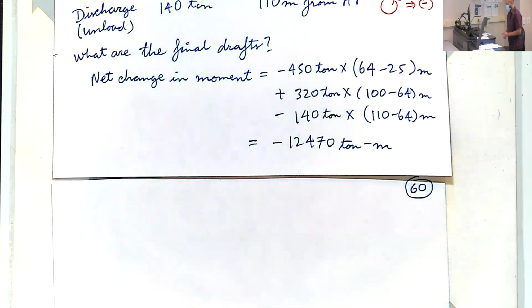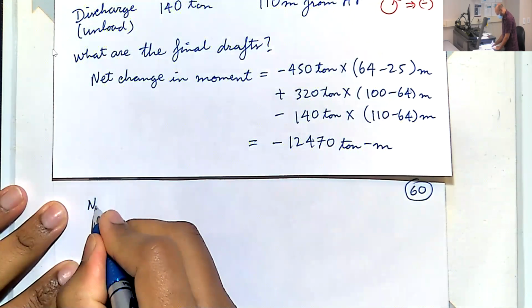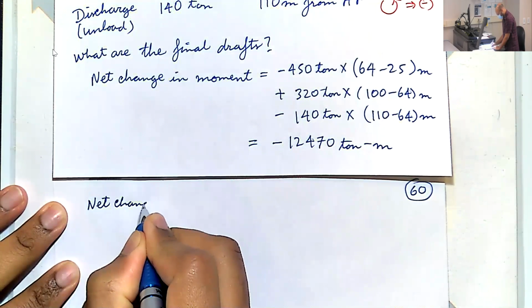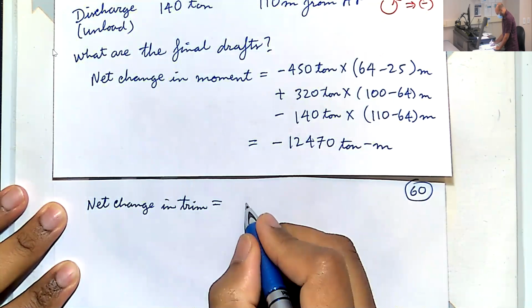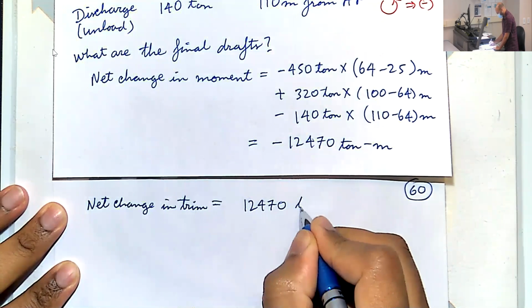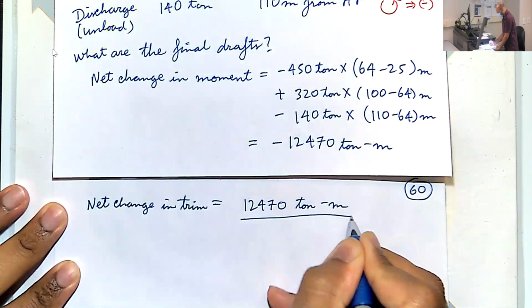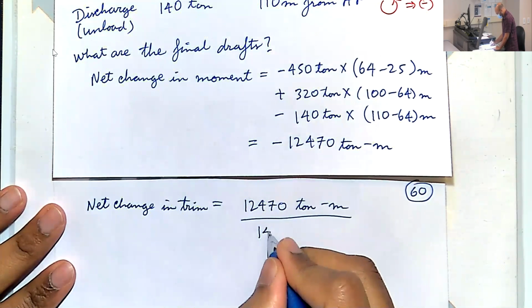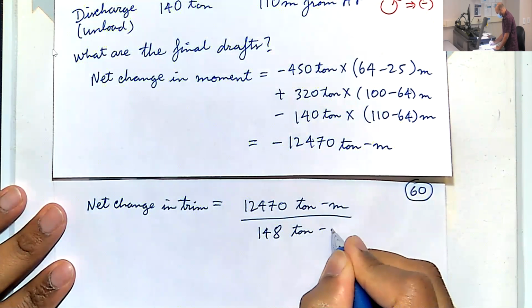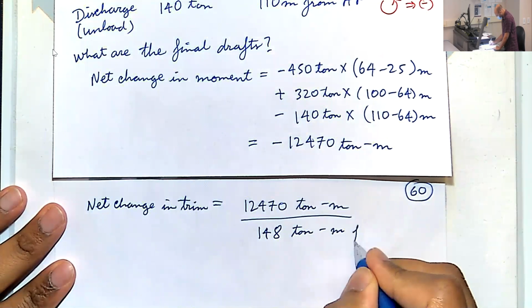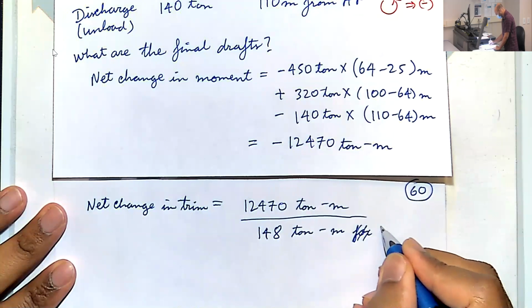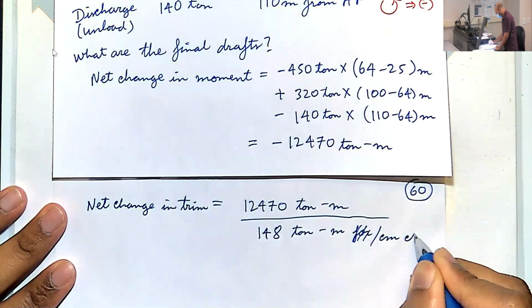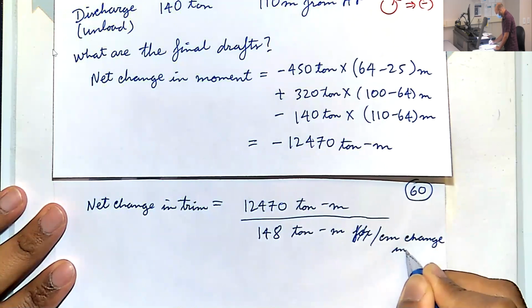All right. If we know the change in moment, we know how to compute the change in trim. So the net change in trim is basically this 12,470 ton meter, and we're given MCT. What is MCT? 148 ton meter per centimeter change in trim.